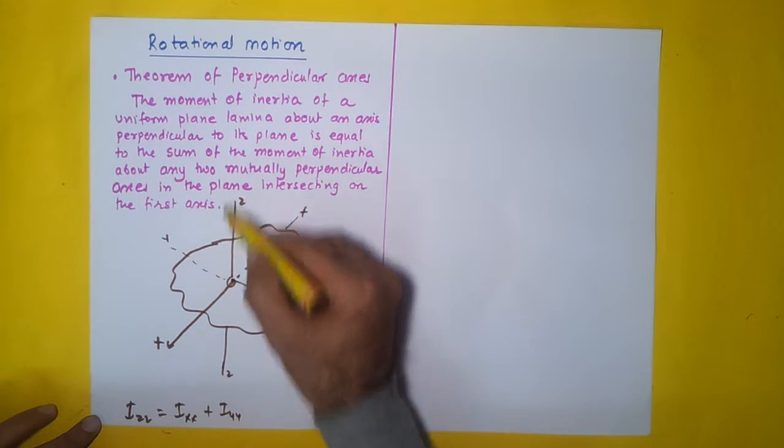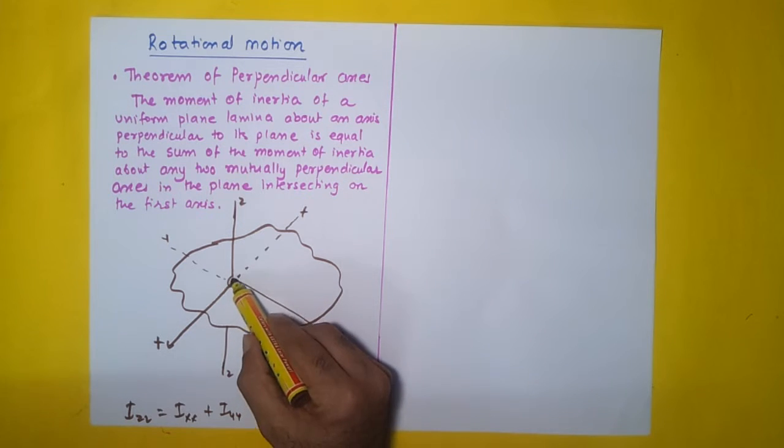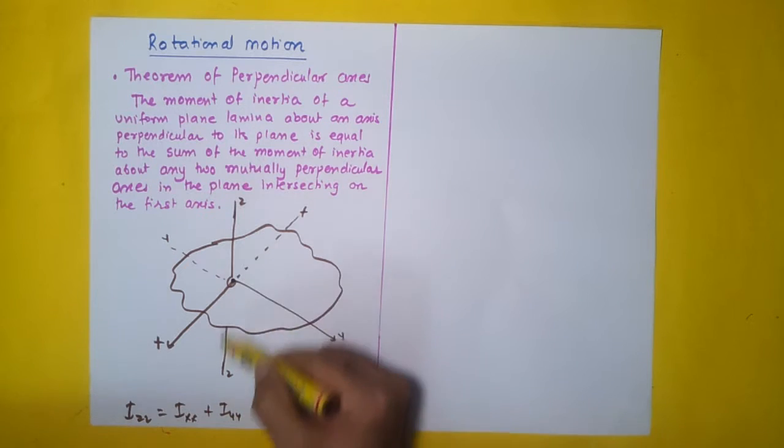Z is perpendicular to the lamina. These two are in the plane of the lamina, and they pass through this particular point, which is in the plane of the lamina and passing through the Z-axis.